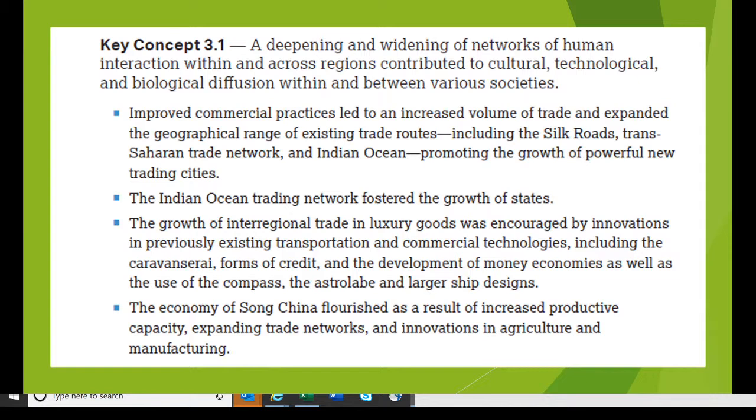Yeah, Roberto, astrolabe for sure. They do mention that in the key concepts, though, if you notice.